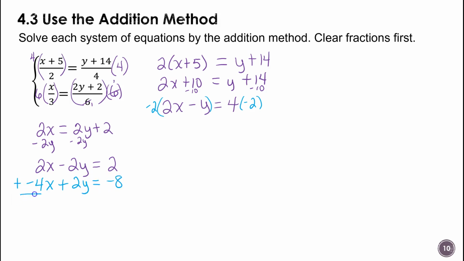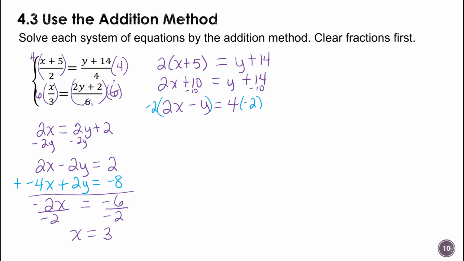I'm going to add those together. Okay, so negative 2y plus 2y, those are eliminated. And I have negative 2x equals negative 6. Divide by negative 2 on both sides, and I find that x equals 3.